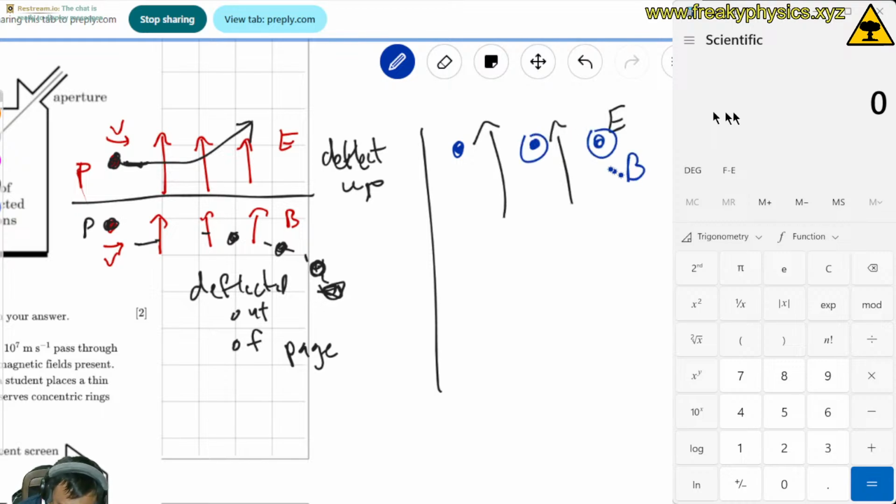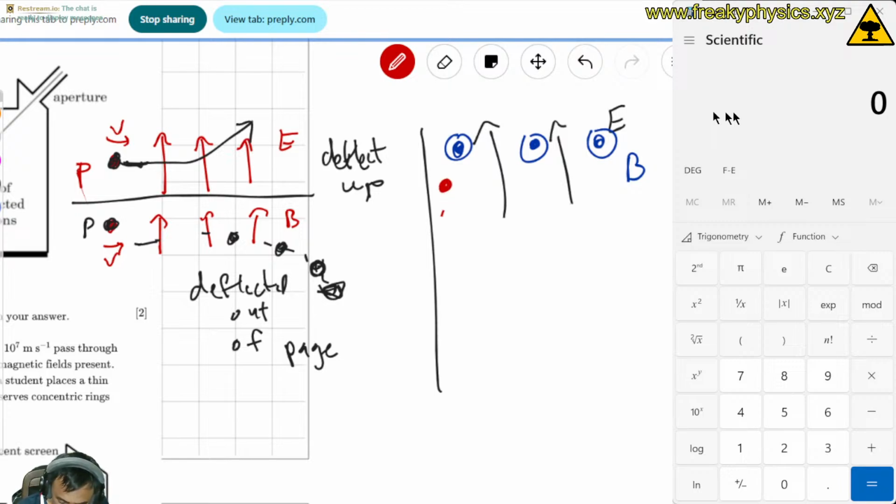So that's a magnetic field. Hold on, let me see if this is correct. Yeah, this is correct.